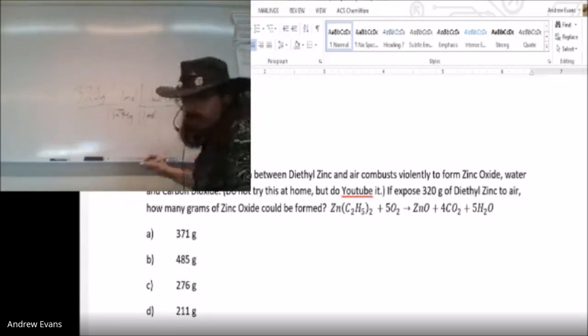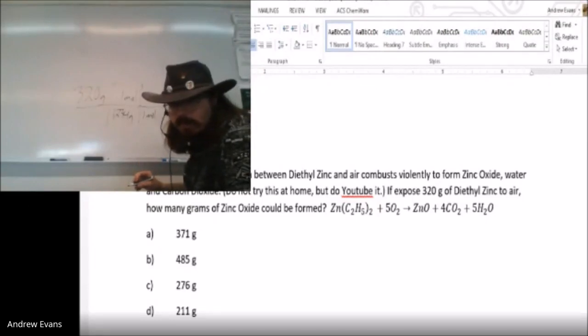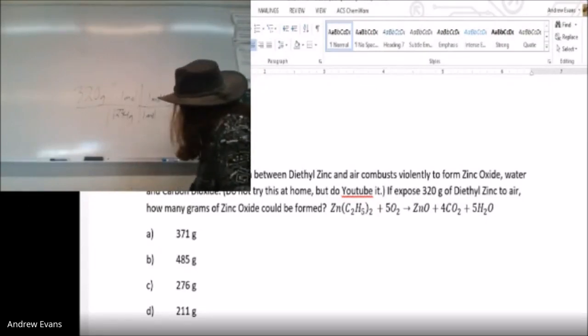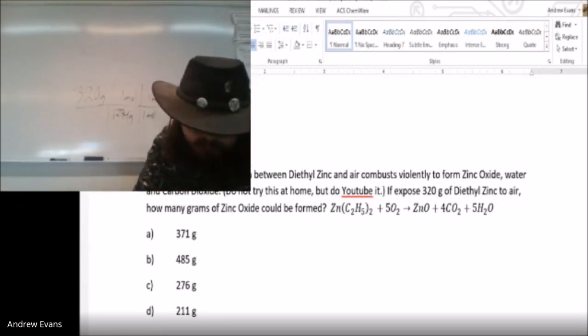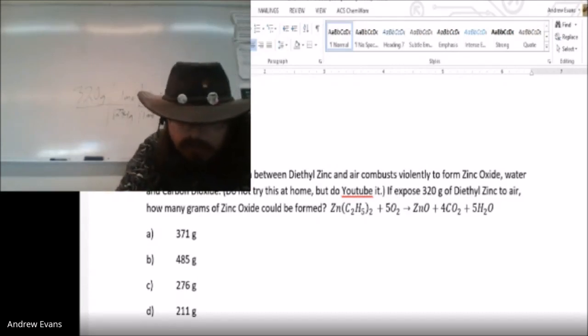And the molar mass of zinc oxide, 65 plus 16, is 81.4. So 320 divided by 123.4 times 81.4, 211 is your answer. So D.